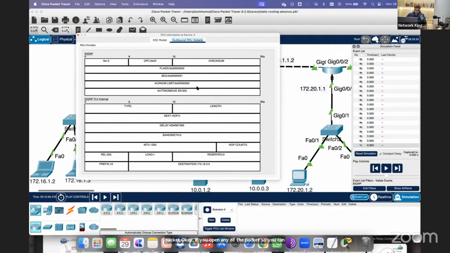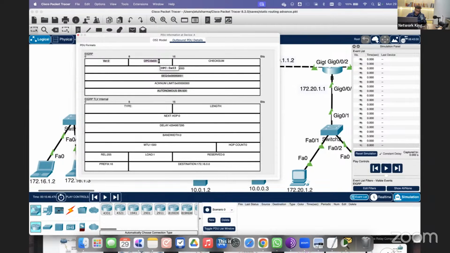It has an AS number 500 and a sequence number. Every packet gets a sequence number if there is a change. If you get a new update, the sequence number will be 52. Again you change, 53; the sequence number will keep increasing. This is version 2 EIGRP, and the opcode tells which type of packet it is. This is opcode 1, which is the update packet.